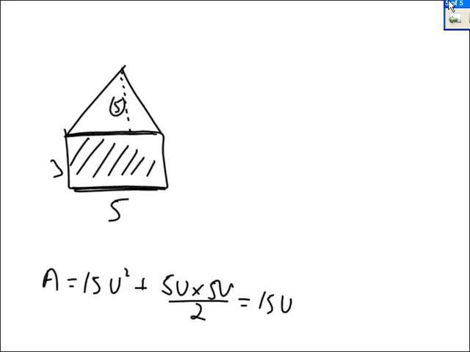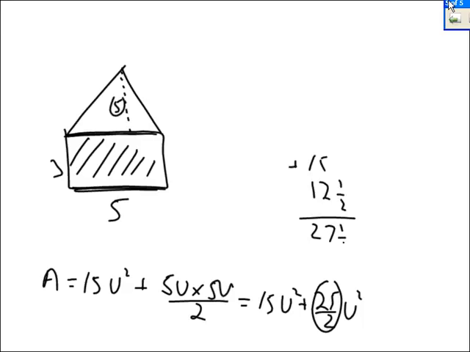It's 15 square units plus 25 over 2 square units. 25 over 2 is 12 and a half. And when you add 15 to that, you get 27 and a half square units. So there's an example where when you partition, you get a triangle and a rectangle as well.